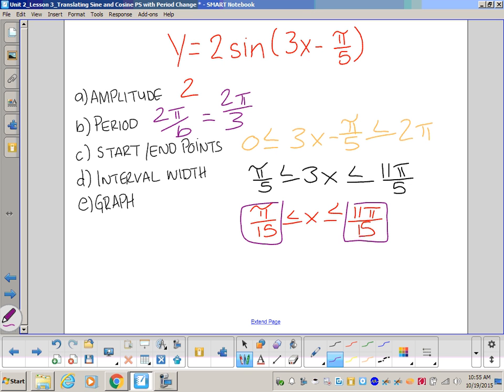So I start at pi over 15, end at 11 pi over 15. And that distance is 2 pi over 3, because 2 pi over 3 is the same as 10 pi over 15. It's ugly, but it works. So now I need to know what to add to pi over 15.